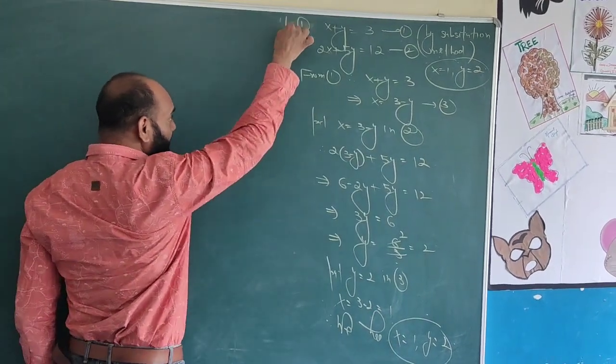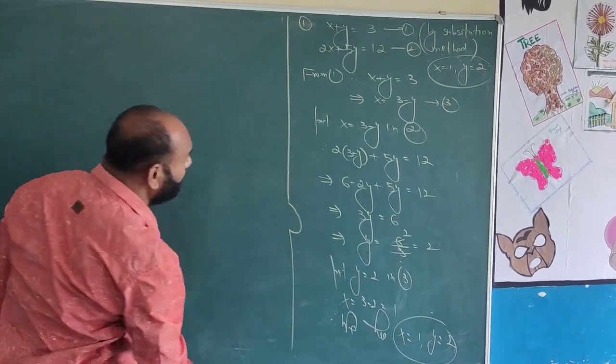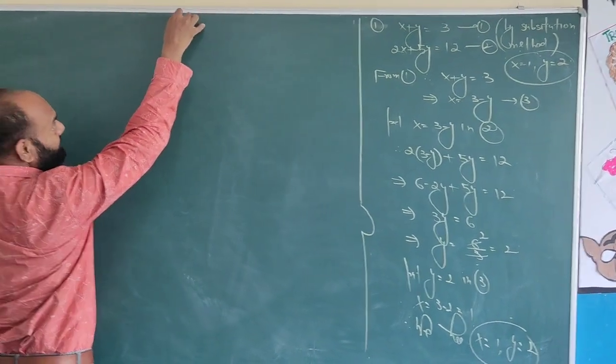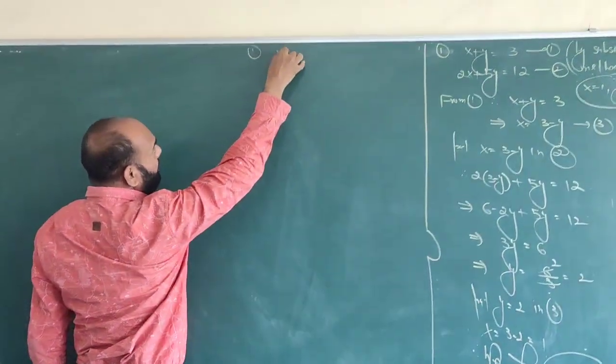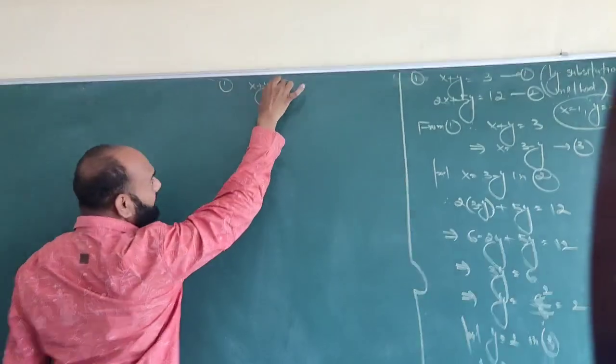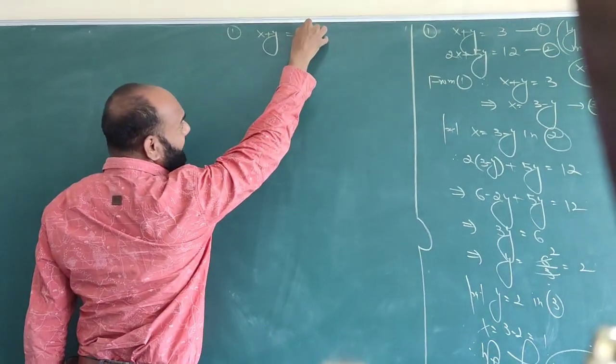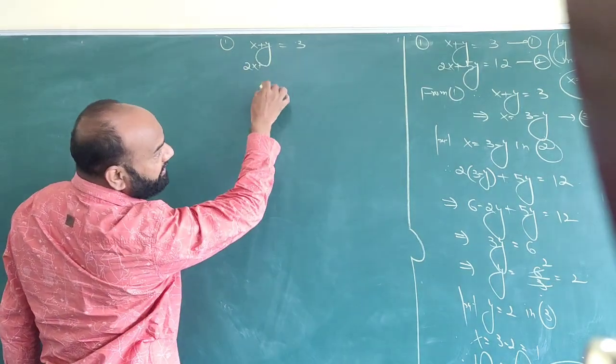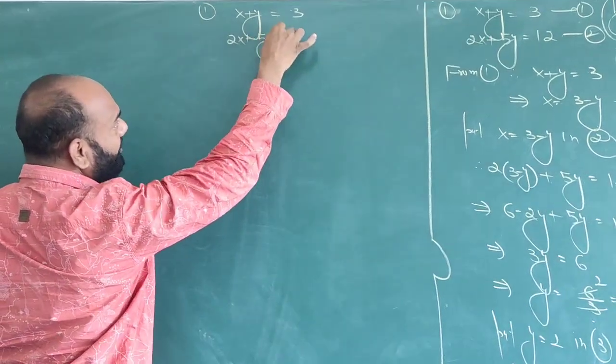Now we solve this equation of two variables by the elimination method. First of all we write these two equations: x plus y equal to 3, and second is 2x plus 5y is equal to 12.